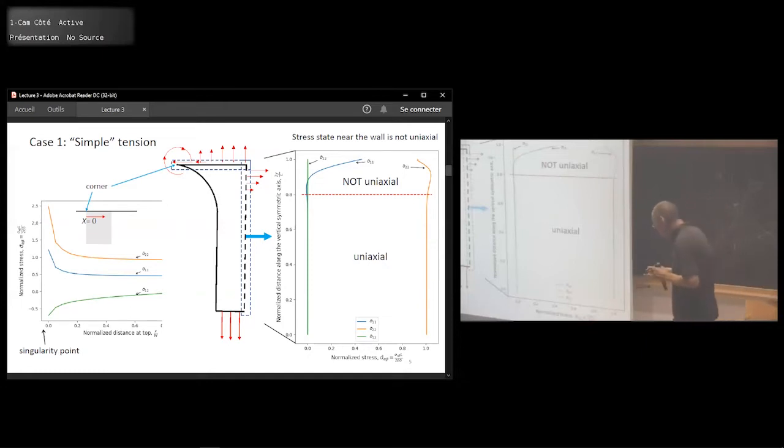Now let's look at what happens in this box, which I indicated here. Along this box, there are shear stresses, which you can see. The shear stress sigma 1, 2 is only 0 at this point, which has to be because it's a symmetry point.